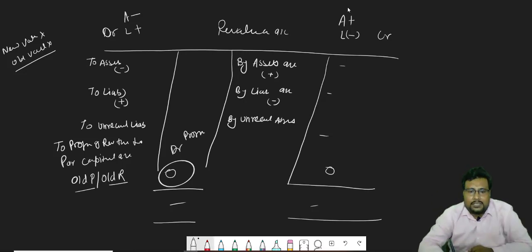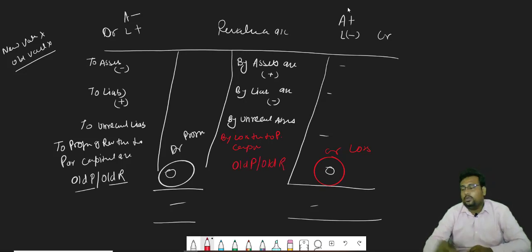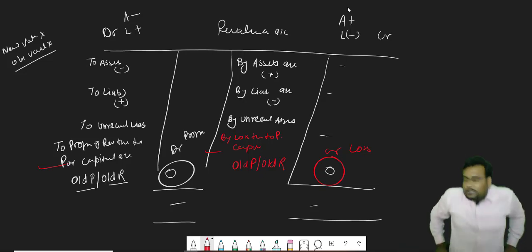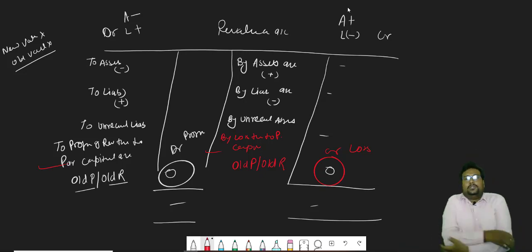Similarly, if the balance is coming on the credit side, then it will be considered a loss, and you will write loss transferred to partners' capital account, and that will also be divided between the old partners in the old ratio. Either profit or loss, it will be transferred to the partners' capital account. Getting my point? So it is very simple.